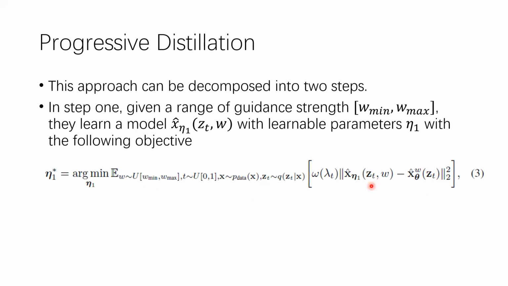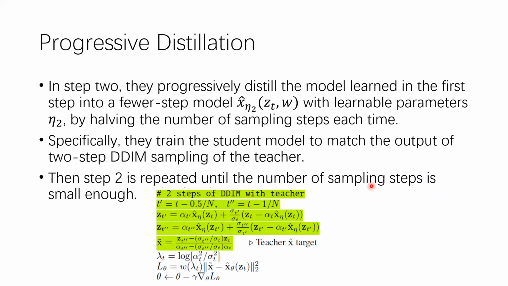That's the first step. In the second step, they progressively distill the model learned in the first step into a fewer-step model, x_hat_eta2 with learnable parameters eta2, by halving the number of sampling steps each time. Basically, they train the student model to match the output of two-step DDIM sampling of the teacher. Then this step is repeated until the number of sampling steps is small enough.